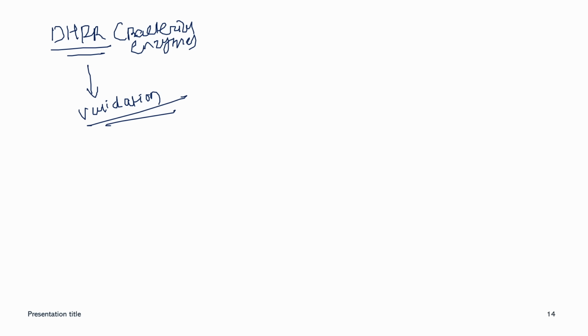For validation, what do we have to do? We need to find out which marketed drugs are available. For dihydrofolate reductase, there are some cephalosporins, or we can use amoxicillin, the marketed drug in amoxiclav.